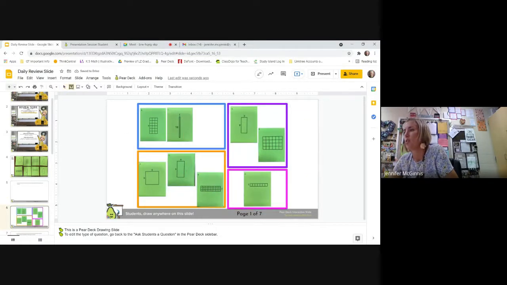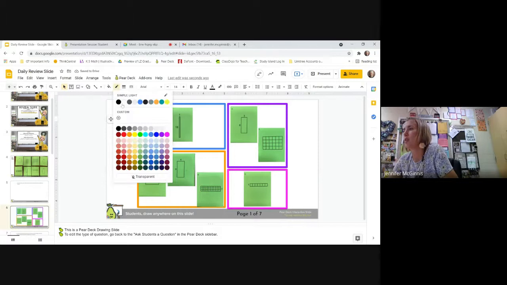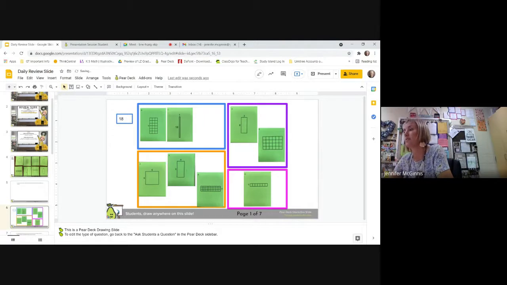So, we have here for blue. What's our number here for blue? What's the number for blue? Anybody? 18. What's the number for orange?